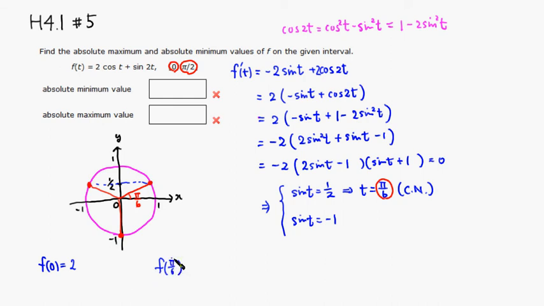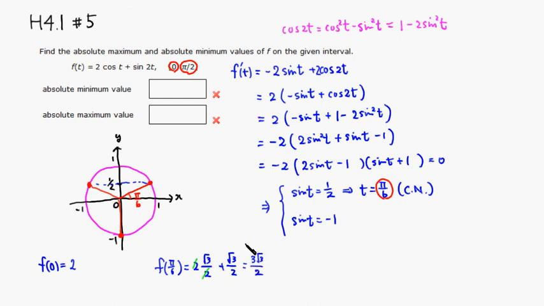Cosine of pi over 6 would be square root of 3 over 2, and the sine of 2 times pi over 6, so sine of pi over 3, which is sine of 60 degrees, would be square root of 3 over 2. So we can cancel 2's and 2's, and if you add them up, it's 3 square root of 3 over 2.